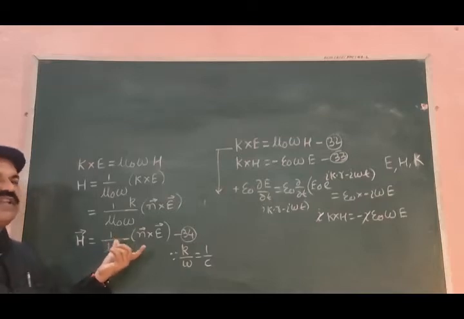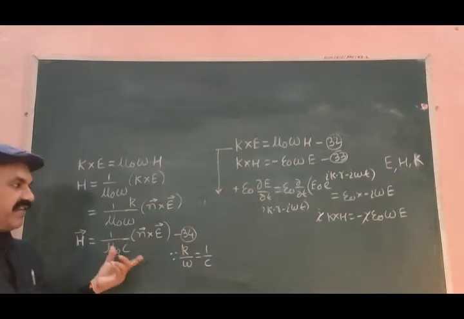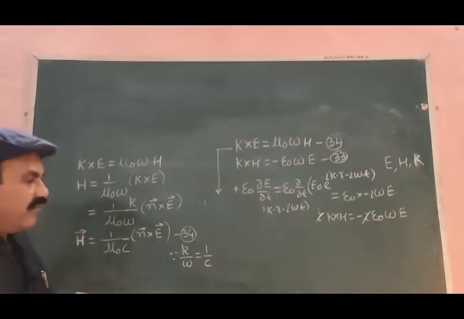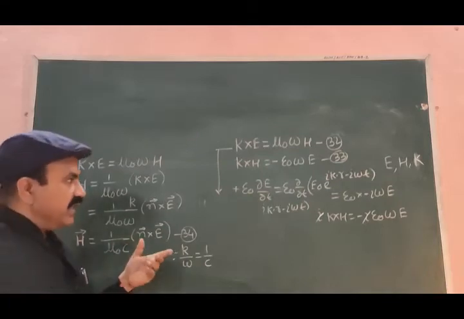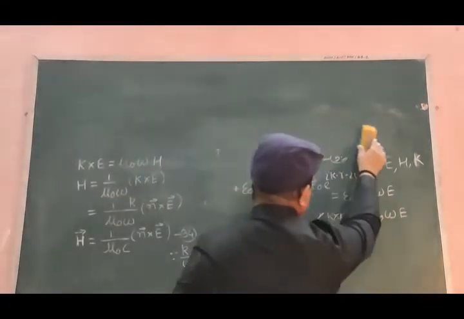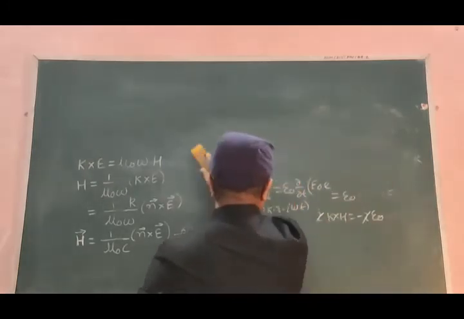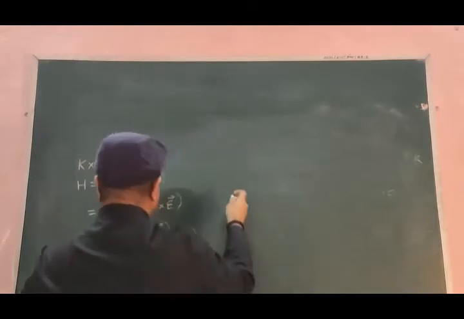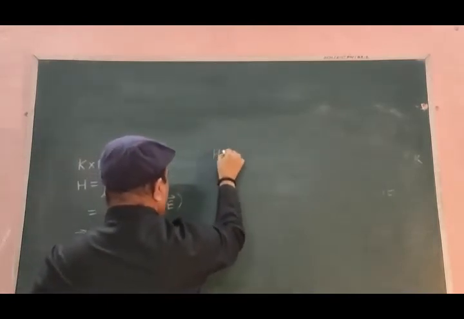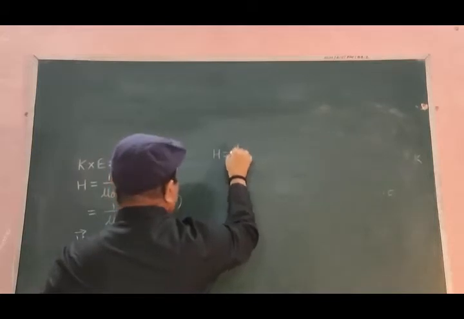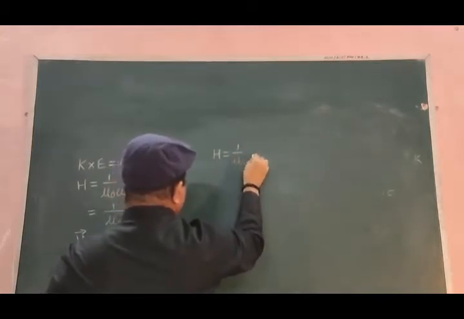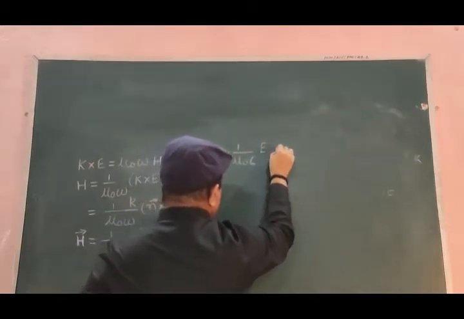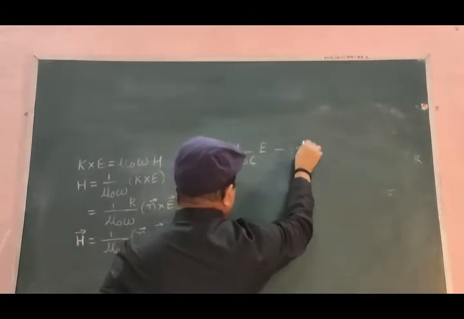If we take modulus of equation 34, this modulus will be given by H, now it is scalar, is equal to 1 divided by mu 0 C, it is also scalar, into E. Equation number 35.